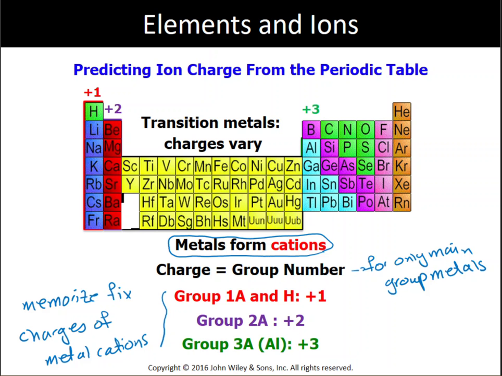So just know for now that transition metals have a variable charge. Their charge is not fixed. Later on, I'll show you how you can find out what the charge of the transition metal is if the formula is given to you. The charge for rare earth elements also is variable. They don't have a fixed charge.